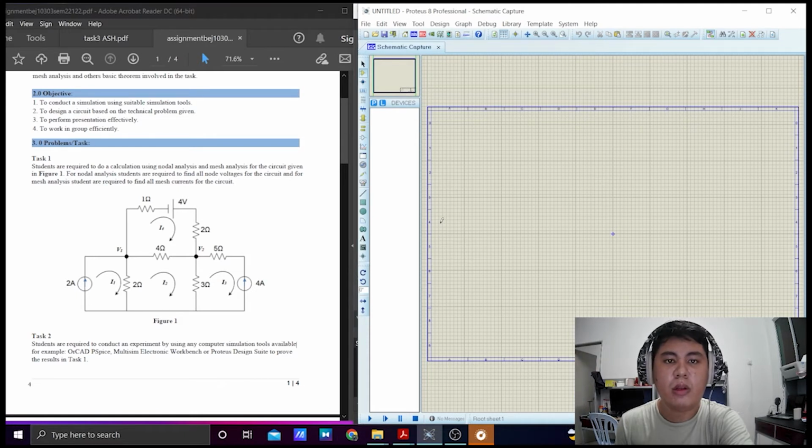Today I'm going to show you how we're going to simulate task 2 and task 3 on Proteus software. First, we must arrange the components according to the question given by the assignment.